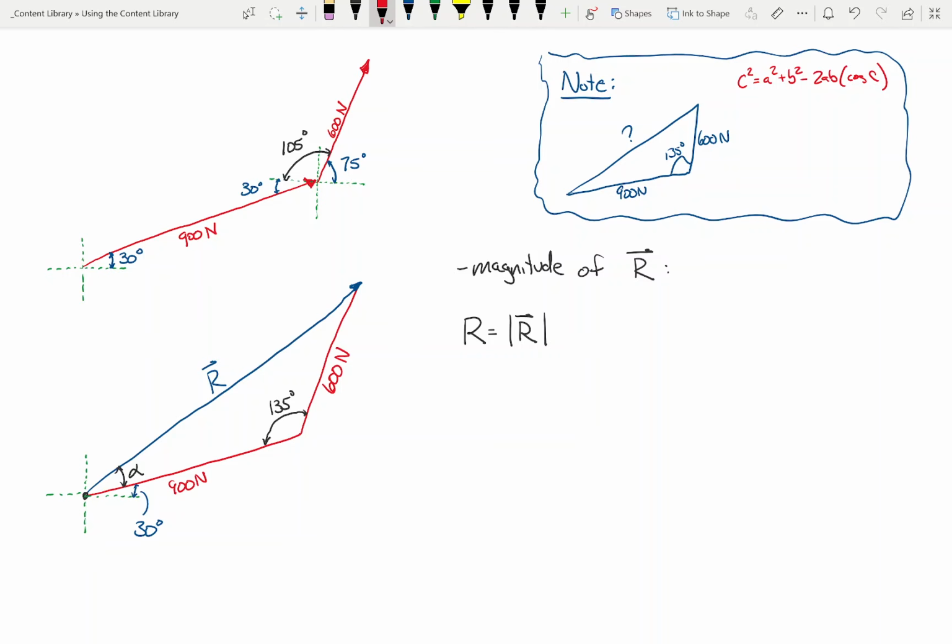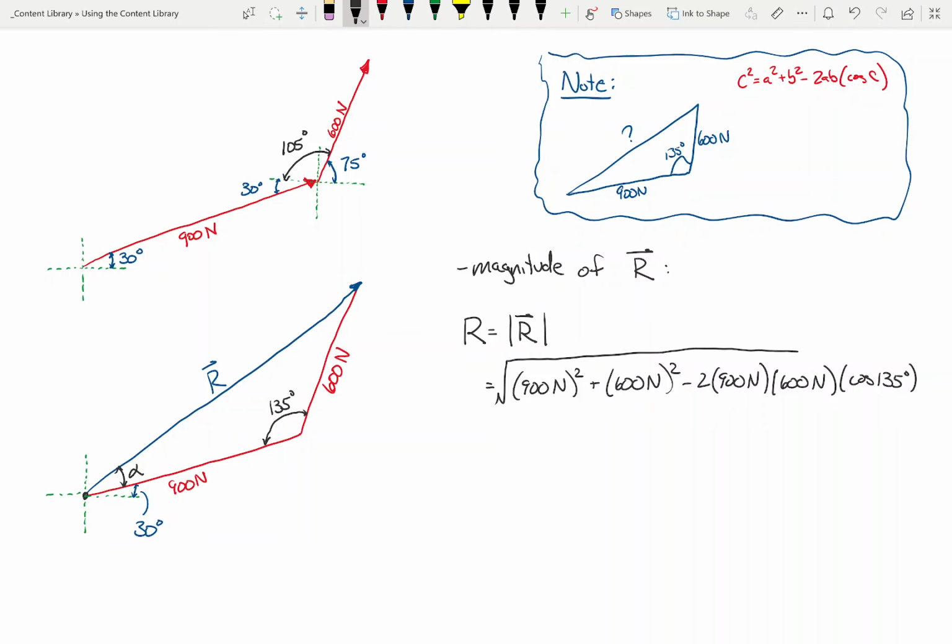Isn't that right? So maybe what I ought to do is say that R is the following. It's 900 newtons squared plus 600 newtons squared minus 2 times 900 newtons times 600 newtons times cosine 135 degrees, and then the square root of all of that.